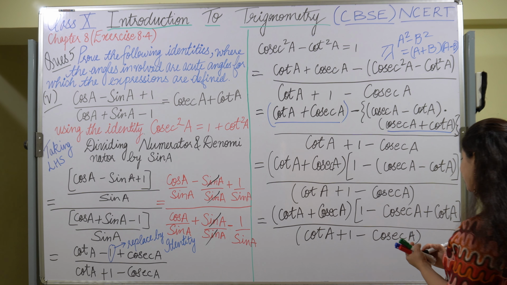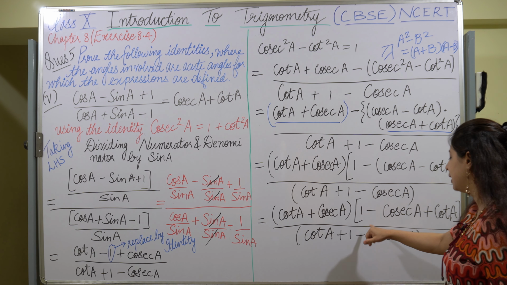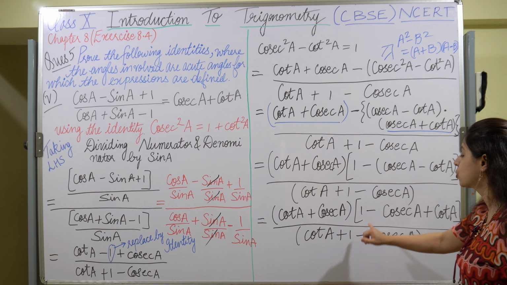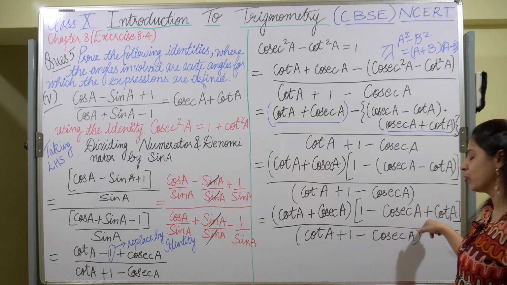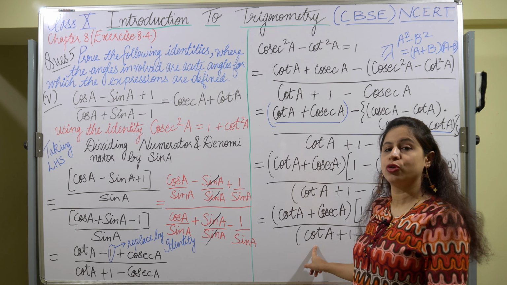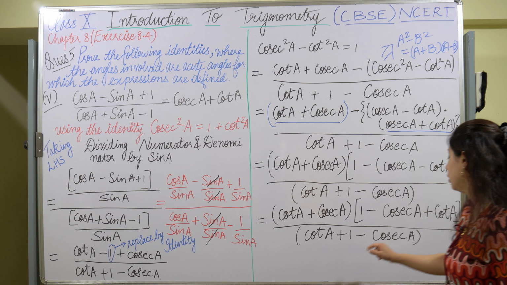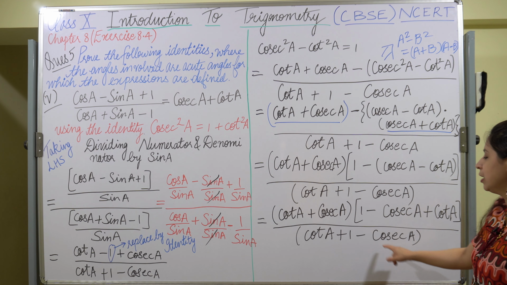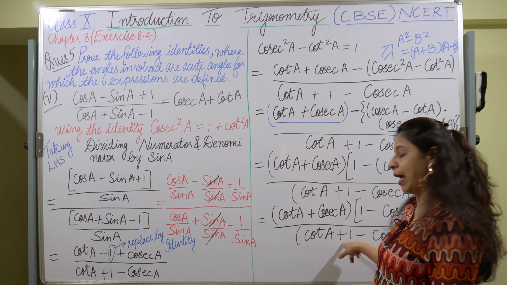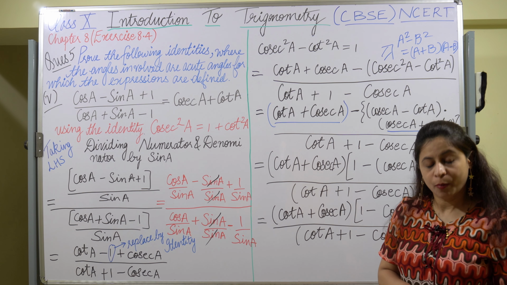Okay. So we can clearly see that this term and this term are the same. Cot A is of positive sign, in the denominator also it is positive. Then cosec A is negative, in the denominator also it is negative, and 1 is positive, and in the denominator also 1 is positive.